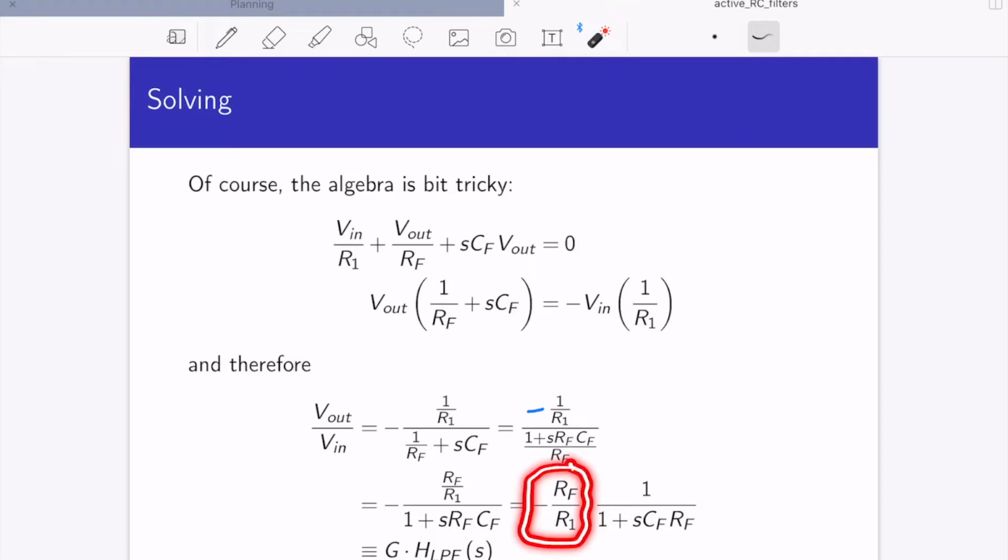That is the gain you would get if you remove the capacitor from the circuit. And then we have a component that depends on frequency, and it's 1 over 1 plus SCF RF. And this is the transfer function of a low-pass filter. We've looked at low-pass filters before, but previously we looked at passive circuits, and now this is an active circuit.